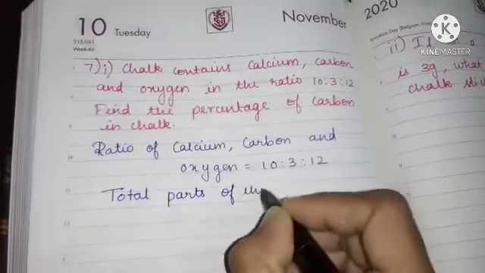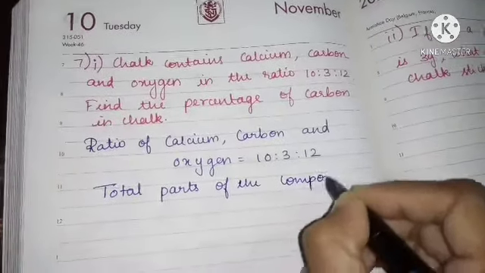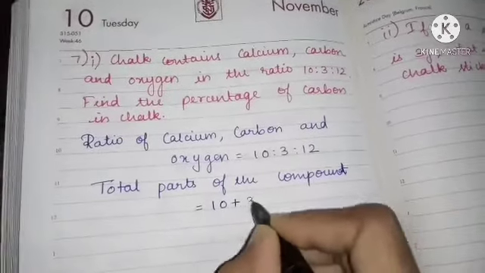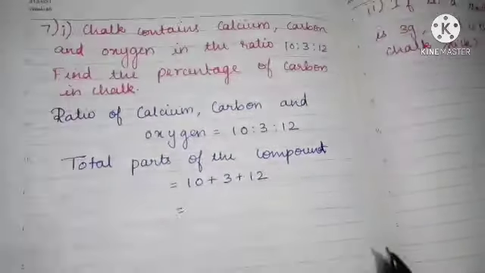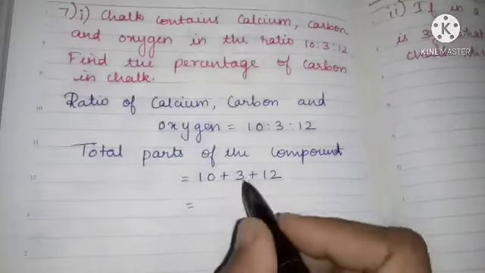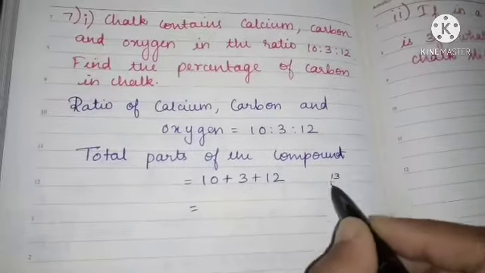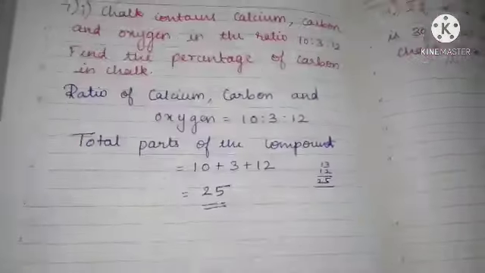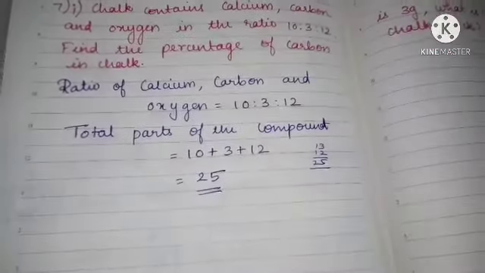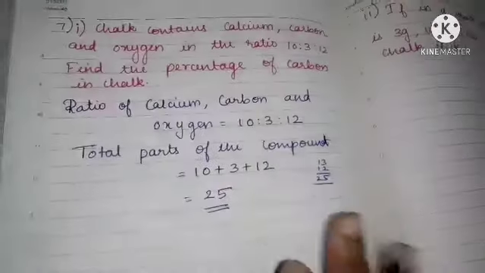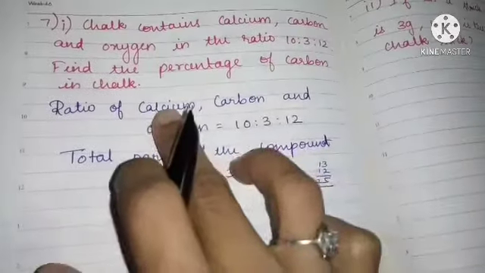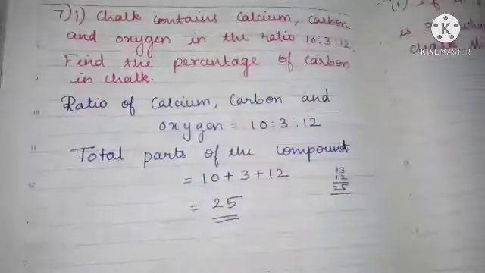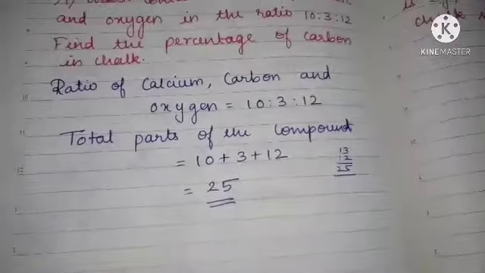Compound is equal to 10 plus 3 plus 12. 10 plus 3, 13. 13 plus 12, 25. So total parts is 25 parts. So there will be 25 parts in that compound. In that 10 parts will carry for calcium, 3 parts for carbon and 12 parts will carry for oxygen. Okay, that is the meaning.